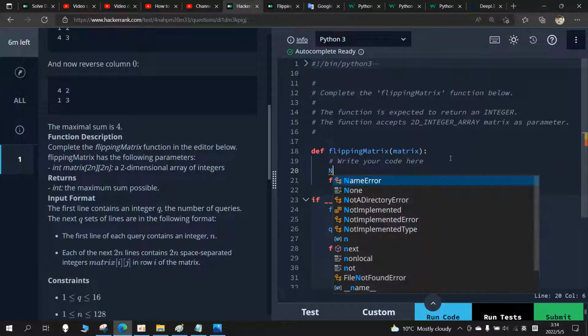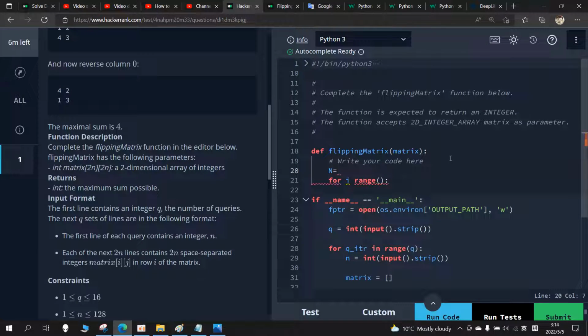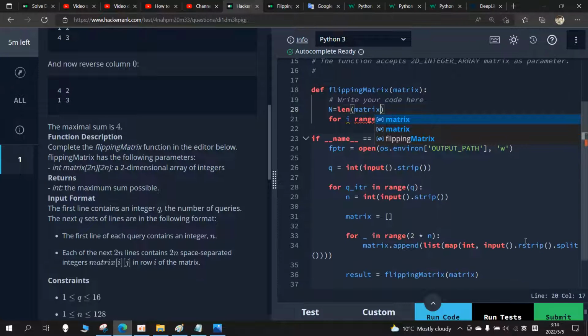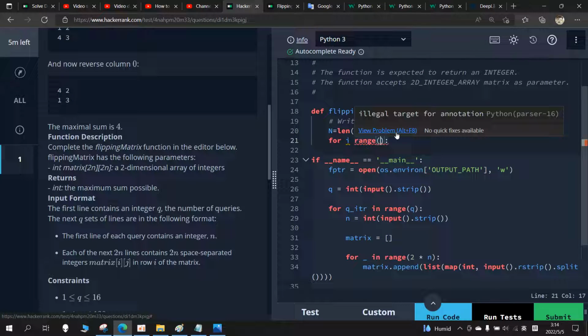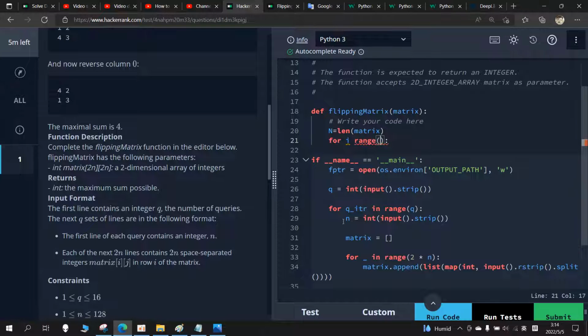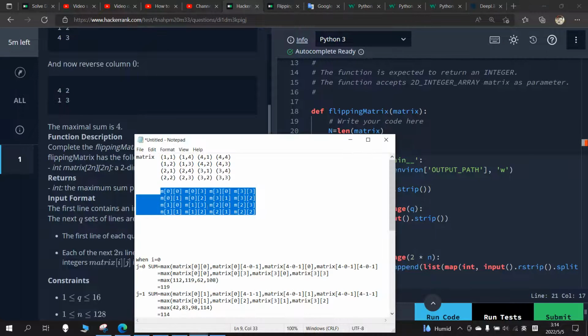That's why we can initialize one new parameter, so we can use the length of the matrix. Because the matrix is already defined, and if we append it, the matrix is going to be here. So then in this case, what is going to be here? Maybe let us make more observation.